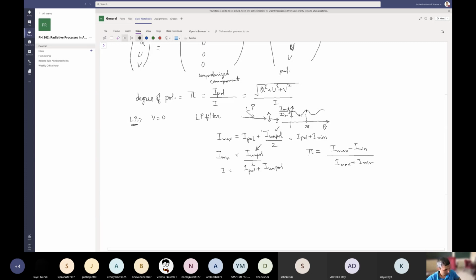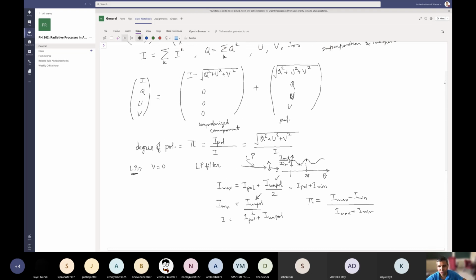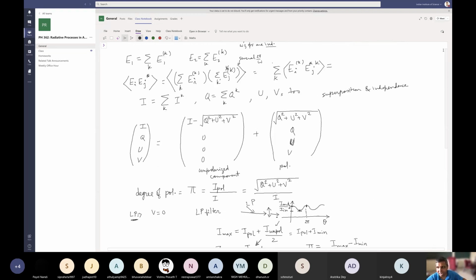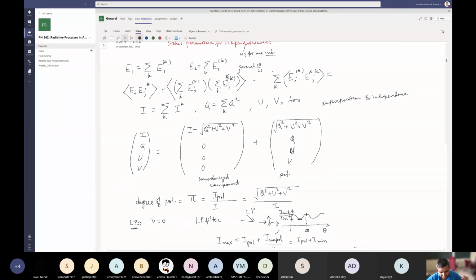Anyway, we are done with the Stokes parameters, so I encourage you to read chapter 2 of the book and derive some of the complex number algebra that we went over very quickly. The key ideas are this idea of coherence, and this idea of polarized and unpolarized light.